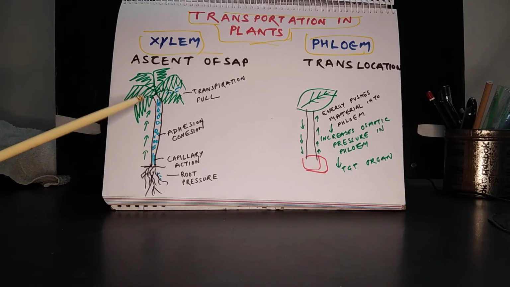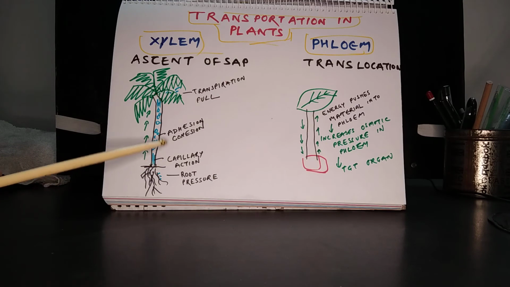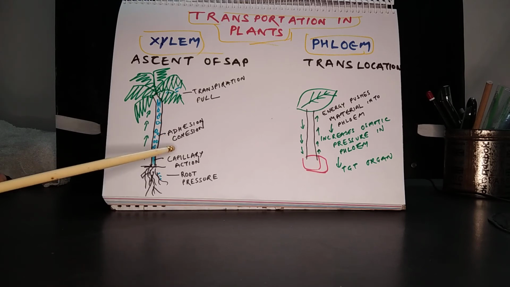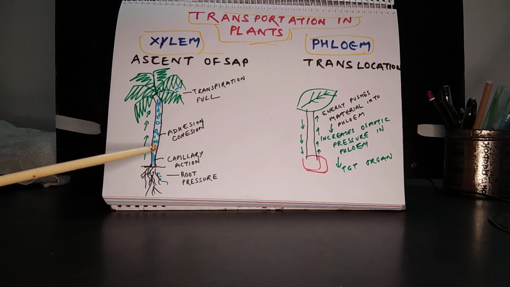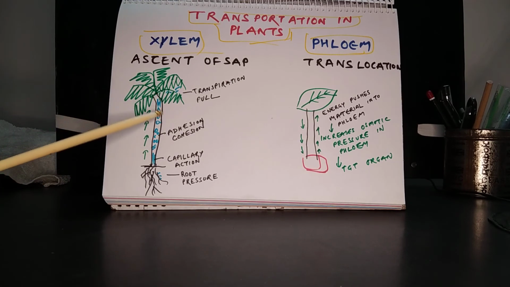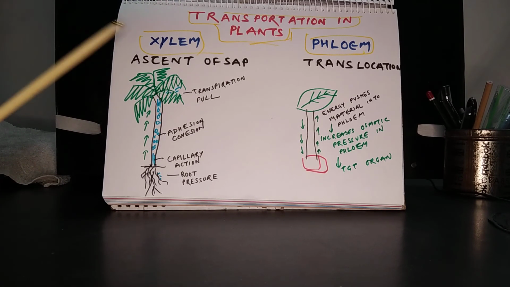Then comes the role of adhesion and cohesion. The tendency of water molecules to stick together with each other is called cohesion, and the tendency of water molecules to stick to another surface or another molecule is called adhesion. Because of this adhesion and cohesion, water molecules make a continuous column inside the xylem vessels. Now what happens at the leaves?